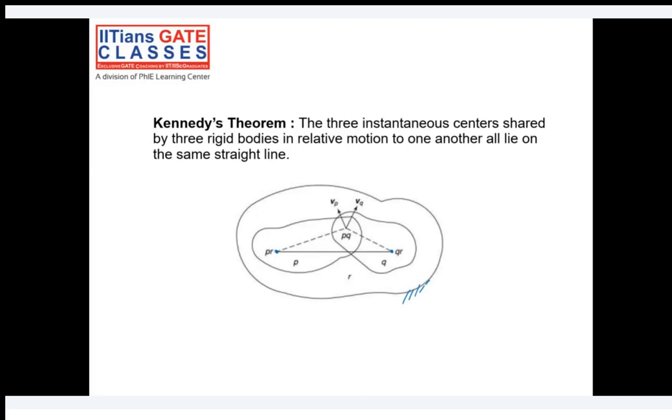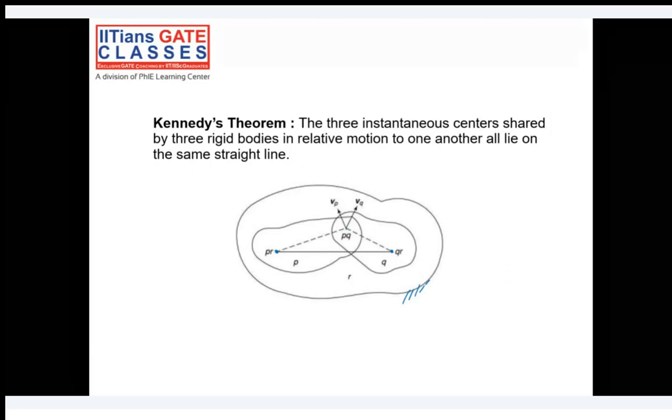Let's say P and Q are moving relative to a fixed link R here, and let's say a point PQ. There will be some instantaneous center between links P and Q also, right? Here we have three links.